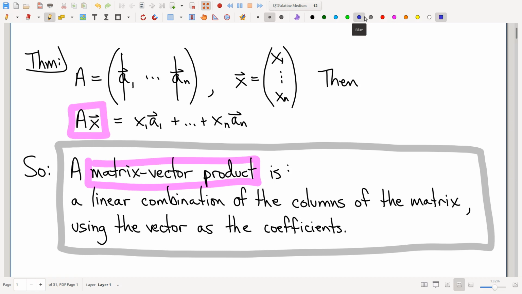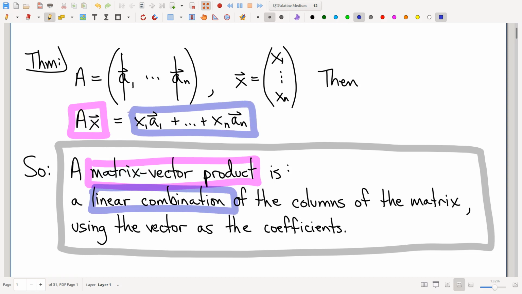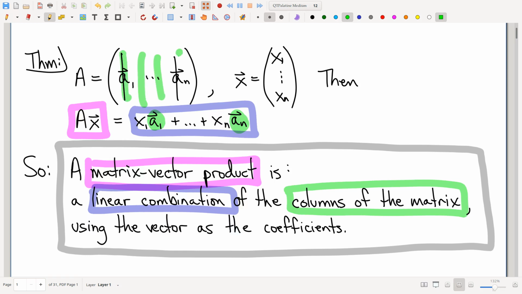And just to highlight the phrasing here, first of all, it's a linear combination. You see right there, it's a linear combination. It's a linear combination specifically of the columns of the matrix. These vectors that we're taking a linear combination of, you can see right here, are the columns of our matrix.